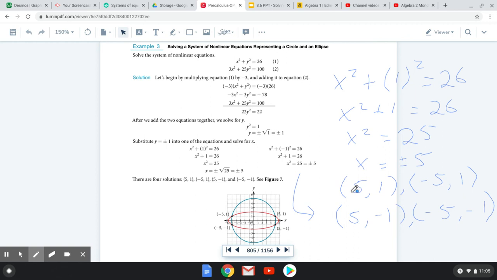So the main point is, though, that we have two solutions for when y is 1 and two solutions for when y is negative 1. So even though these x's both came out as plus or minus 5, they're each two separate points.